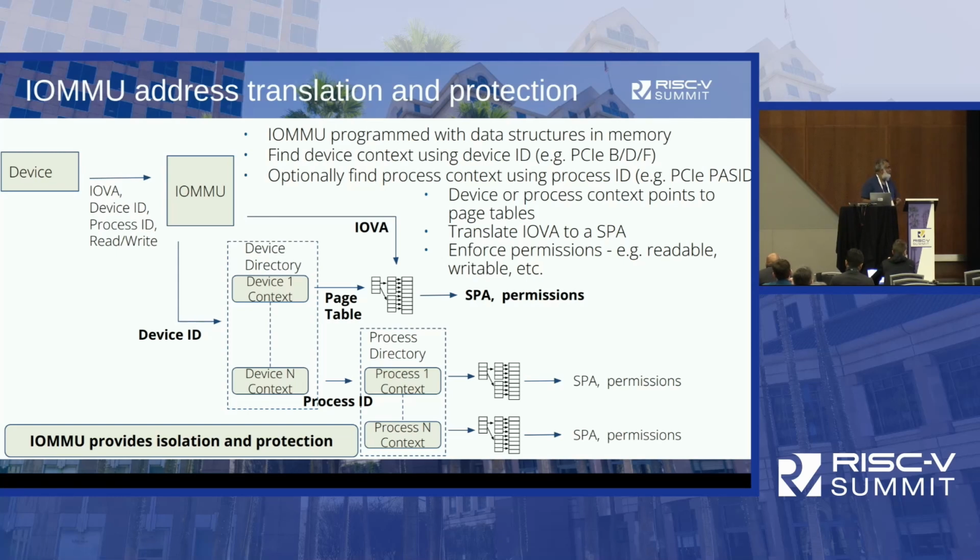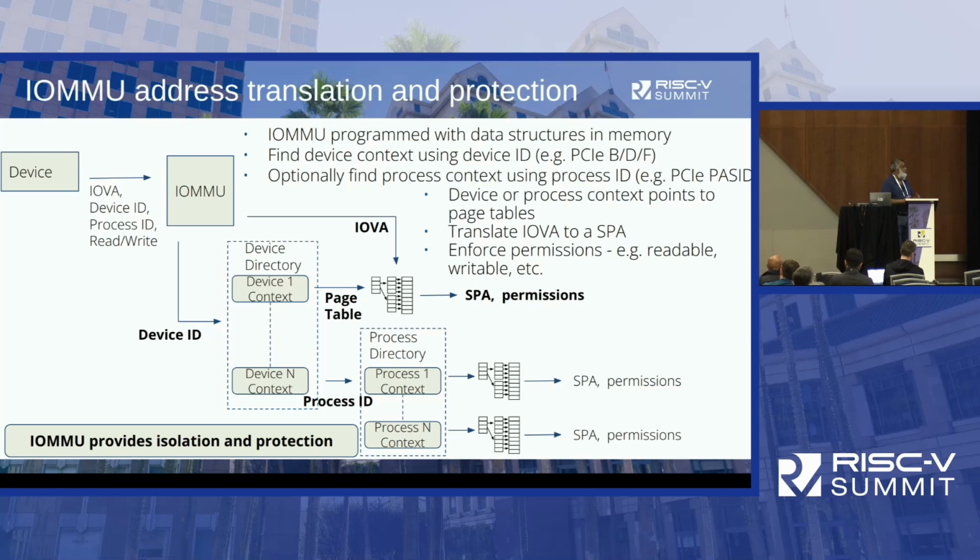That's where we have this concept of a directory wherein for each device that can access memory, the IOMMU needs to go find a context for that device. That context is obtained using an identifier which we're calling generically a device ID. If you're familiar with I/O protocols like PCIe, that device ID would be something like a bus, device and function number that identifies the originator of that memory access.